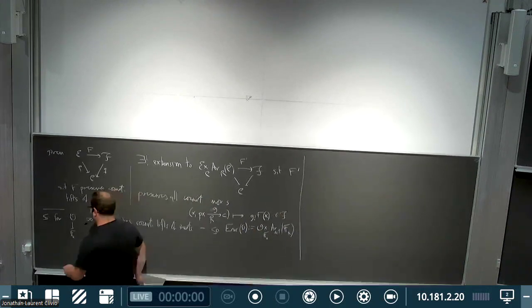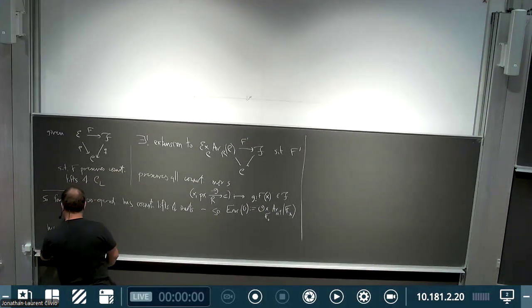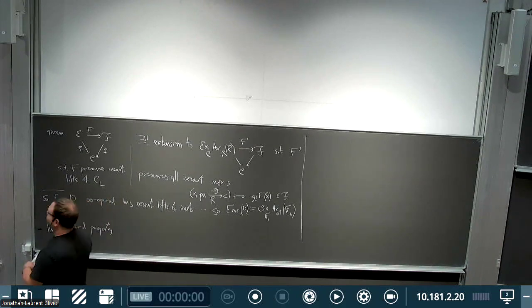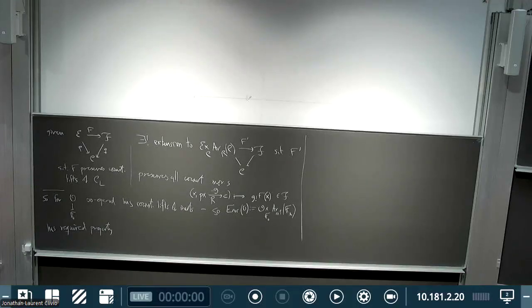This has a universal property, to be the left adjoint to the forgetful functor from symmetric monoidal operads, provided that this envelope actually is symmetric monoidal.